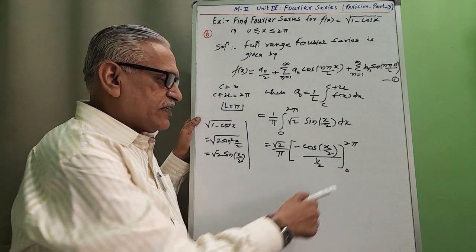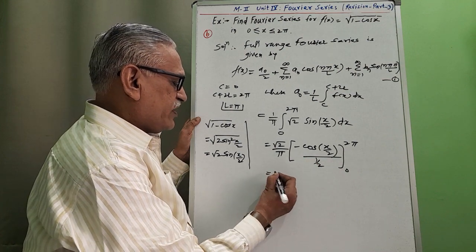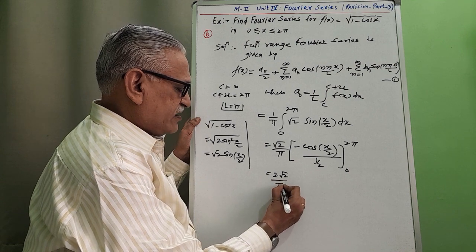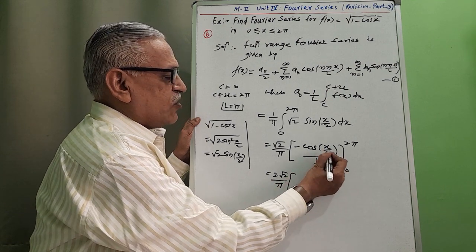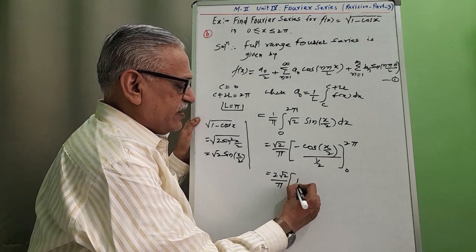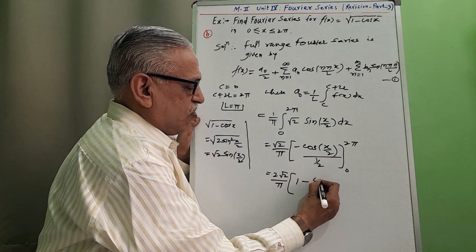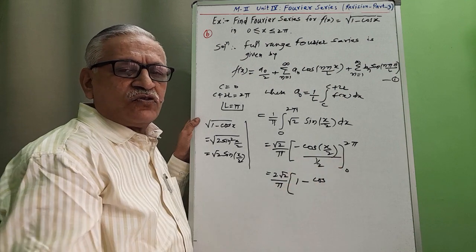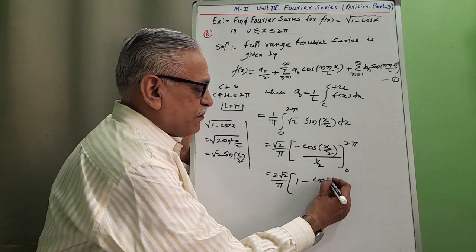The minus sign is cancelled by changing the limit, and therefore we get 2 root 2 by pi. Cos 0 is 1 minus cos of x, which is 2 pi divided by 2, the 2s get cancelled, we get cos of pi.